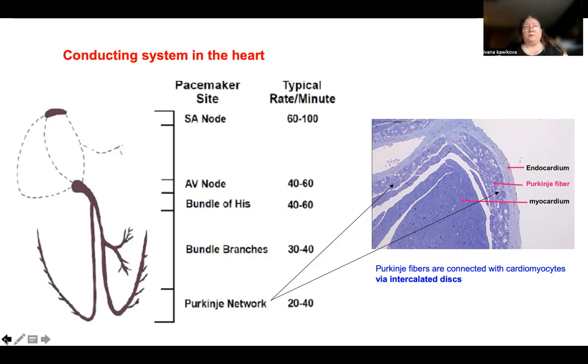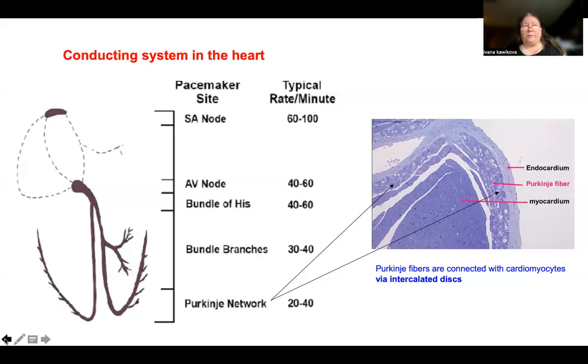I would like to end with the reminder that all these action potentials that we have seen reflect individual cells, individual changes in action potentials, and we can measure that by sticking electrodes directly to the cells.